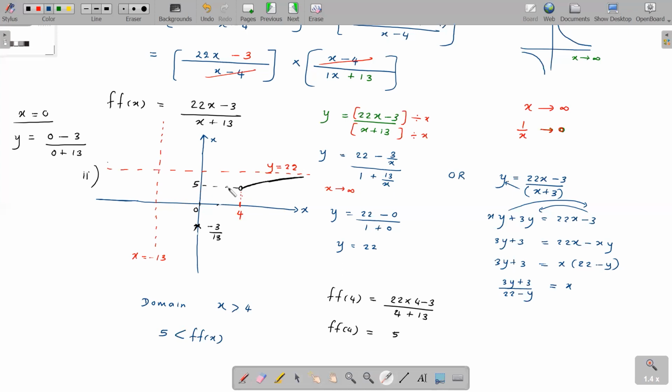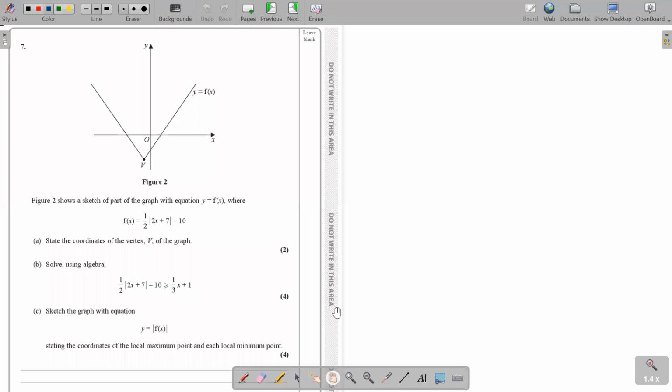So we don't need to put the equal mark, and since the other side is also an asymptote, we don't put the equal mark to that side as well. So your range is the y values are greater than 5, less than 22. Okay, so they just need to say this. You don't get marks for any of these workings. Just need to get this.